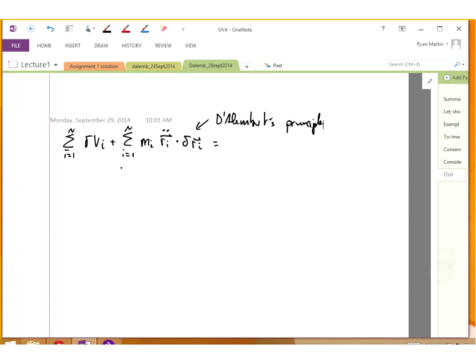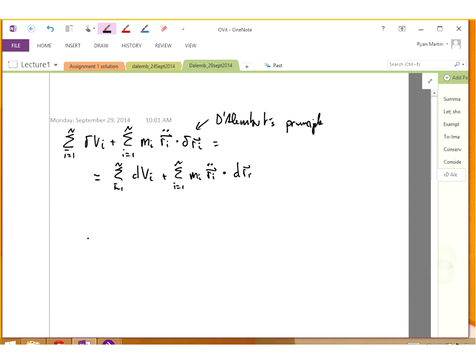So this now goes to the sum i equals 1 to n of dV_i plus the sum i equals 1 to n of m_i r_i double dot vector now dotted with dr_i vector. Same thing with d's instead of deltas.